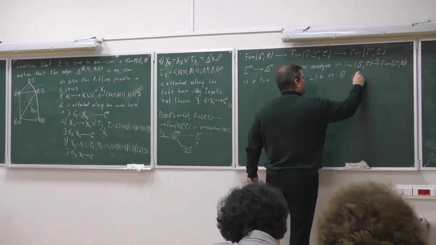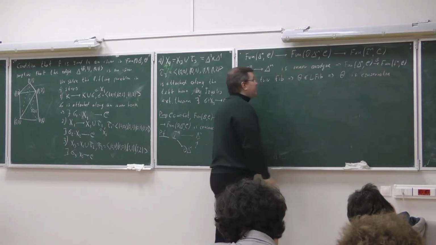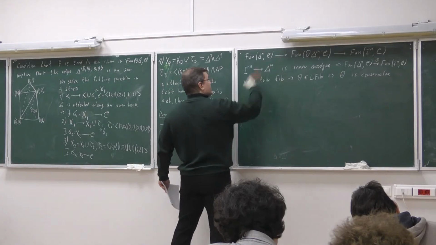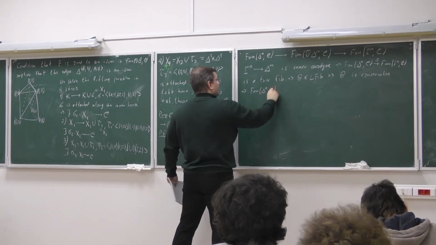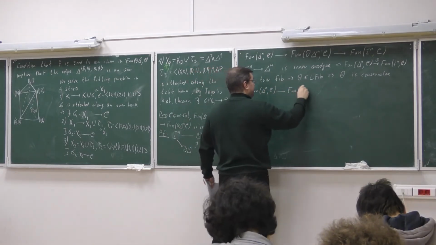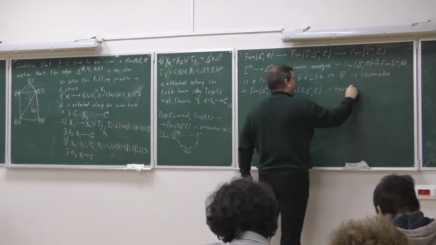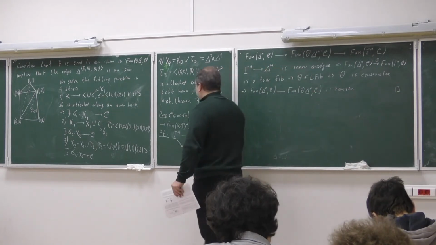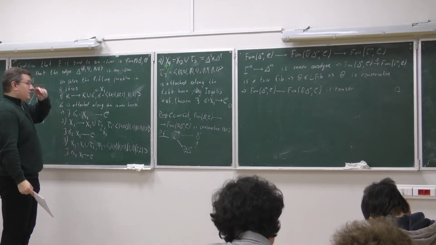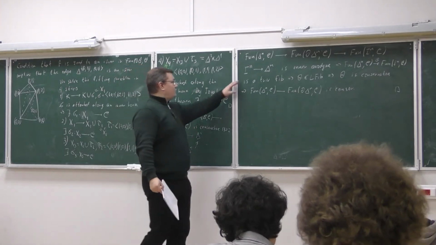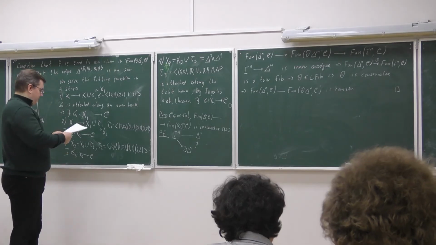So theta is conservative. But if the composition is conservative, then this first arrow is also conservative. So this is how we can reduce the proof of the case when n is at least 2 to this combinatorial statement that the inclusion of the spine is inner anodyne.